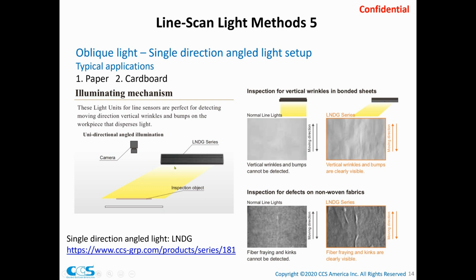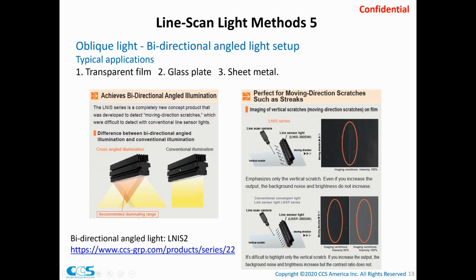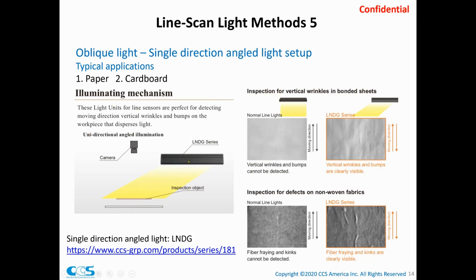Not like the bidirectional angle light, where the light comes from two directions, this light only comes from one direction. So it's ideal to inspect dent or stripe defects in the moving direction for paper, cardboard, that type of diffuse surface.